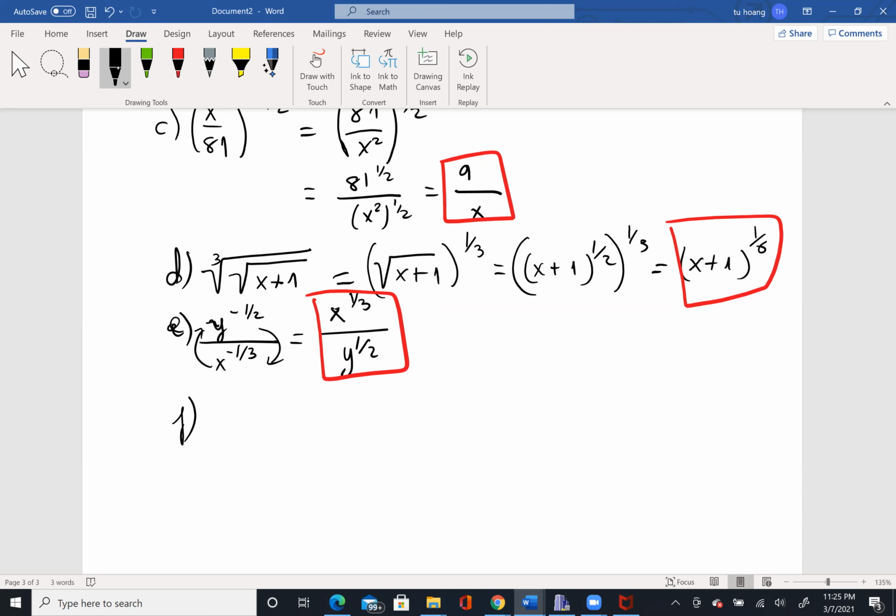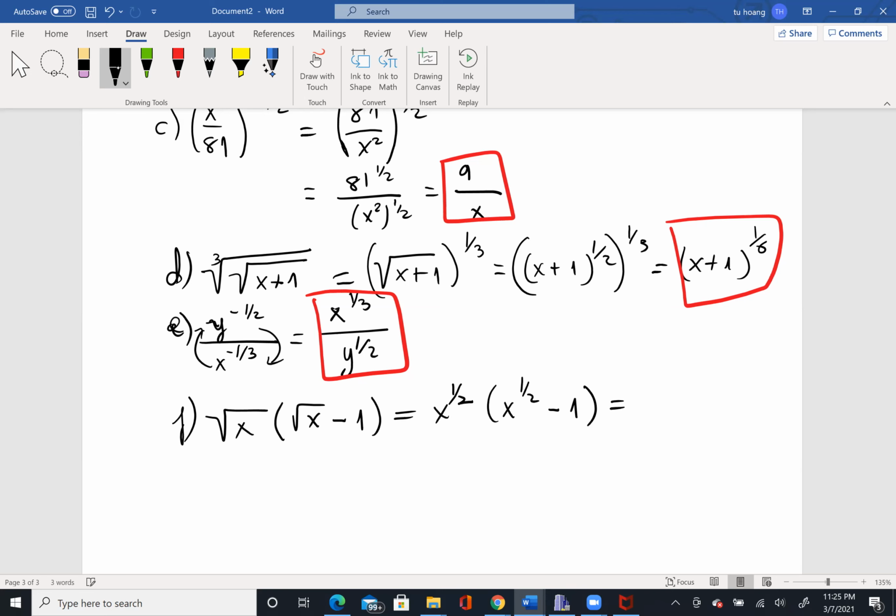The last one I have square root of x times the square root of x minus 1. Now I'm going to convert all these in the form of power or exponent. x to the power 1/2 times x to the power 1/2 minus 1.